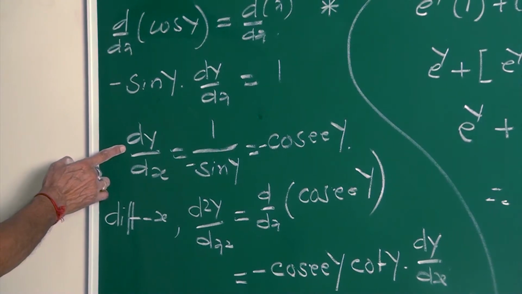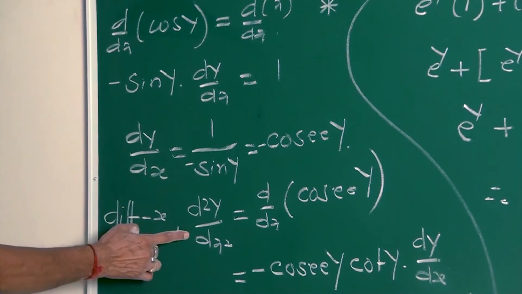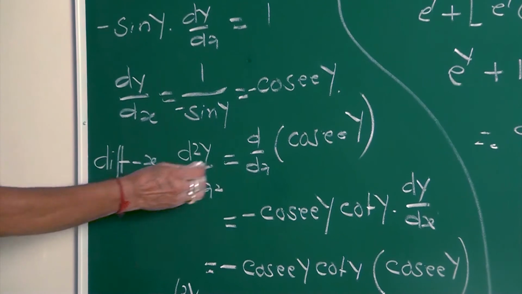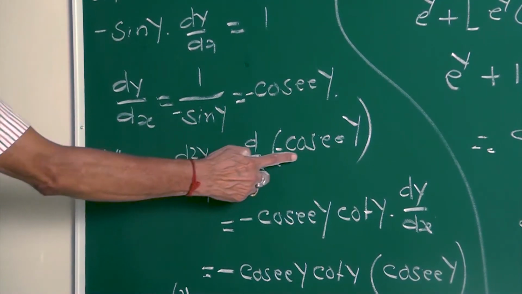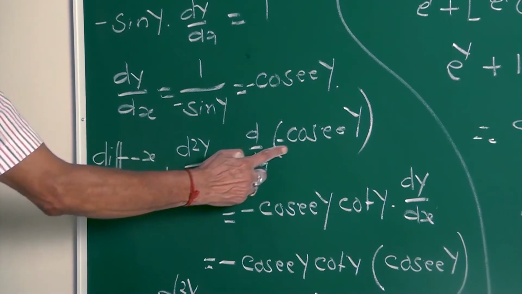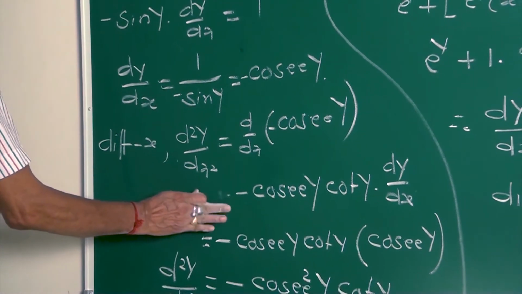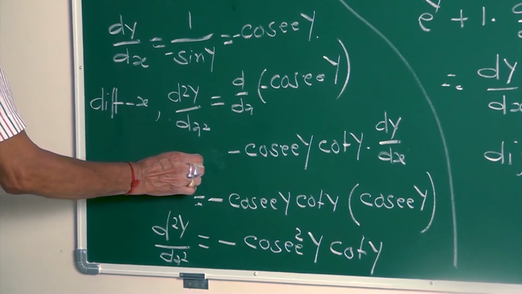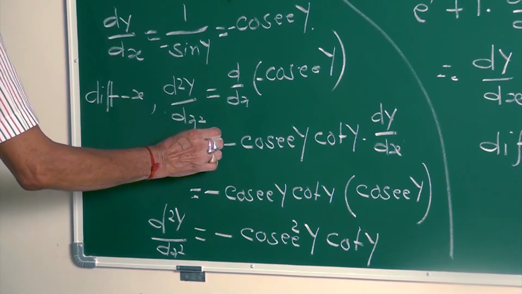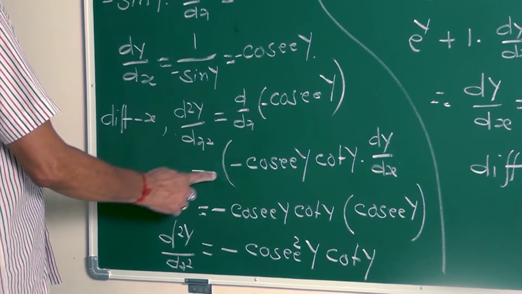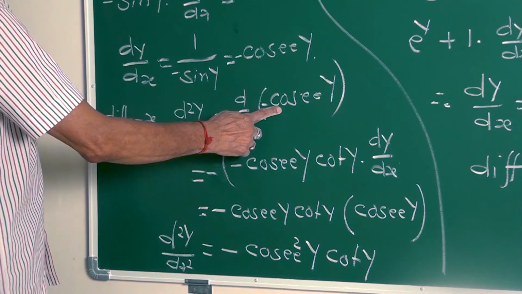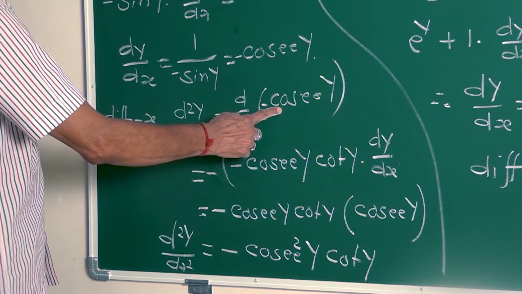Derivative of the first derivative is the second derivative, symbol d2y by dx2. Then d by dx of the RHS. Minus is already here outside, and I use this bracket.